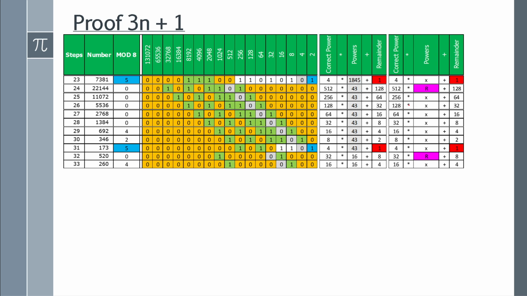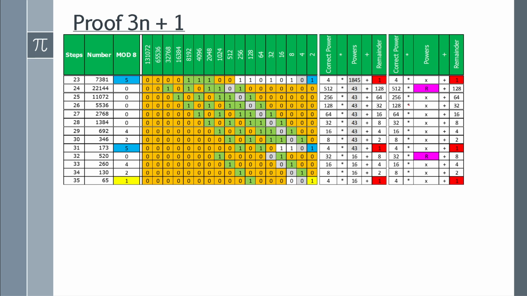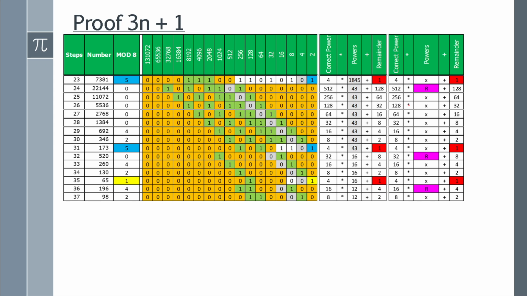Right, and so we're going to divide by 2 3 times. And here we get our first 1 mod 8. So the 1 mod 8, we're going to do a loop into a 4-2-1. Right, so we loop reset and we get a remainder of 4, remainder of 2, remainder of 1. And so we're going to do it again because we're at another 1 mod 8.